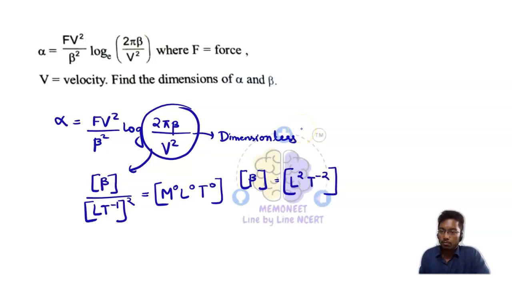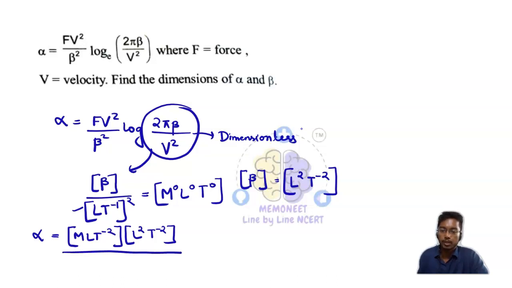The dimension of alpha, let's work it out. Alpha is equal to, the dimensional formula for force is M L T to the power minus 2, into v square, that is velocity square. For velocity we write L T to the power minus 1, and if we square it, that is L square T to the power minus 2, upon beta square. Beta square is L square T to the power minus 2 square.